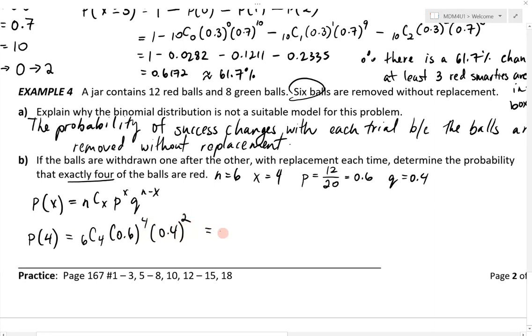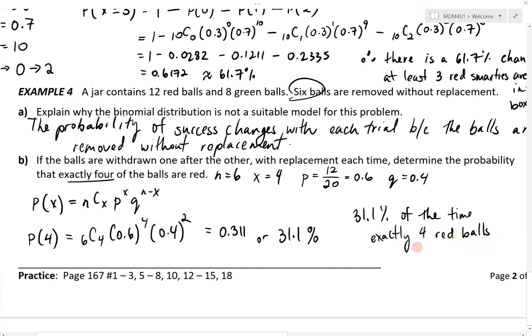And that's going to equal 0.311, or 31.1%. So 31.1% of the time, exactly 4 red balls will be withdrawn.